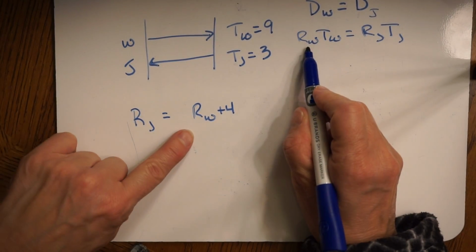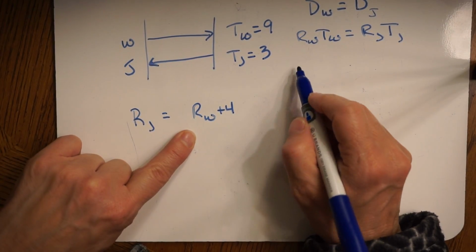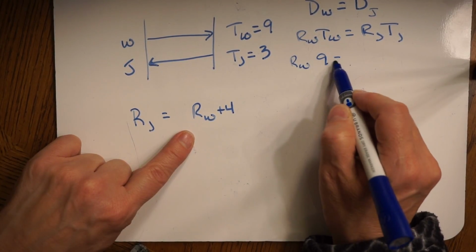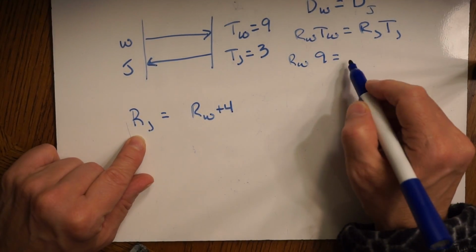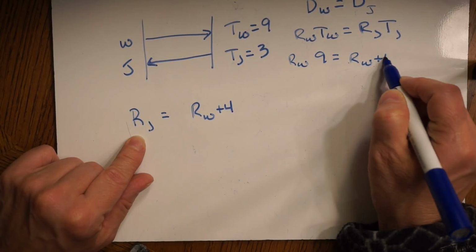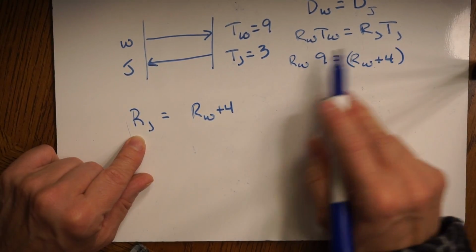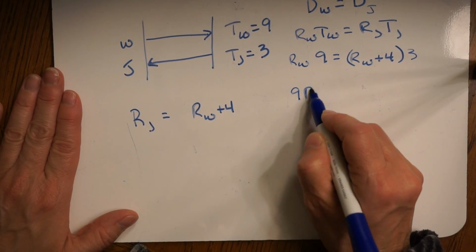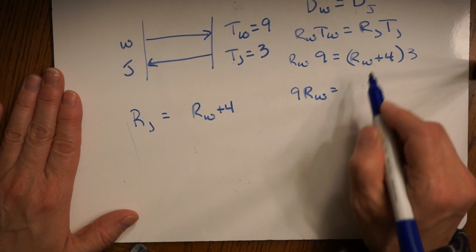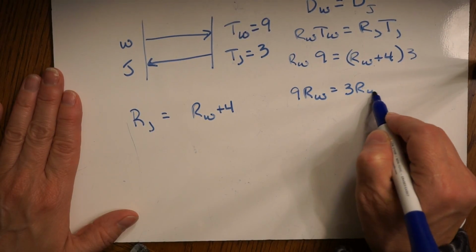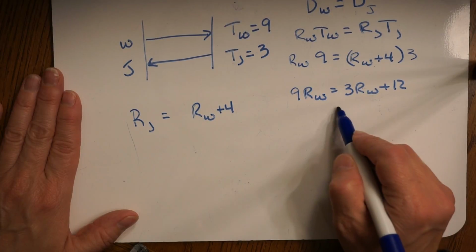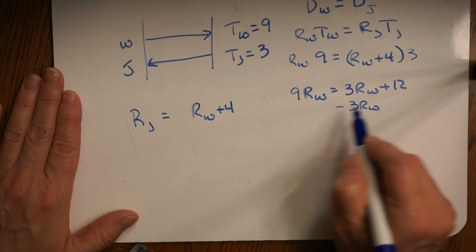This rate is what we're going to solve for. This time is 9. This rate, we're going to substitute this in. This time is 3. So I'm going to move the coefficient in front. I'm going to distribute. Variables to one side, constants to the other.